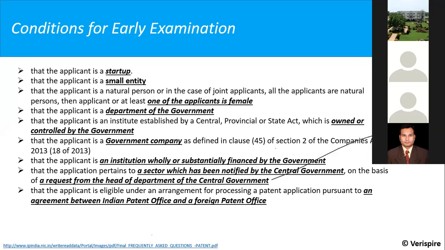Or if there is an agreement between two patent offices, such as the USPTO, the United States Patent and Trademark Office, and the IPO, the Indian Patent Office, that applications should be expedited. These are the conditions for early examination.